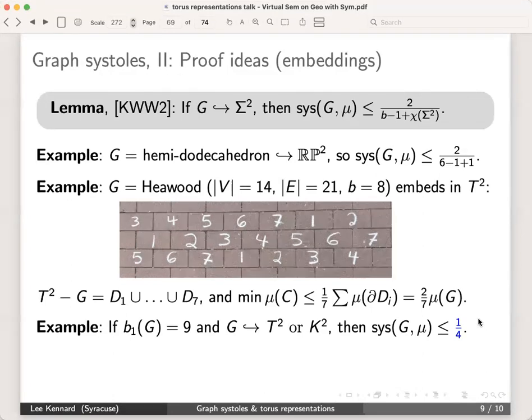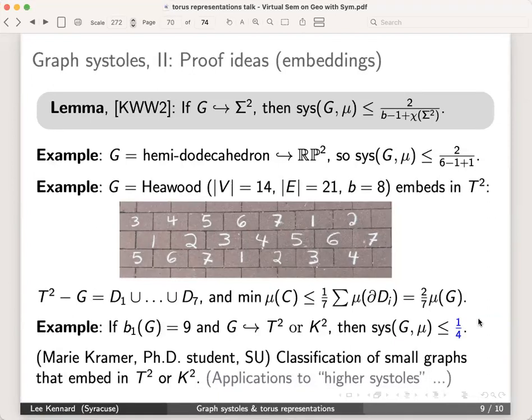Unfortunately, that's not true. So we do have to combine this with other ideas. But I do want to mention some work of a PhD student of mine who's classifying the graphs that embed in T2 or the Klein bottle up to this Betti number.